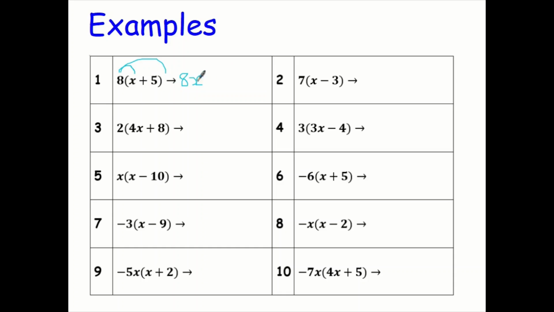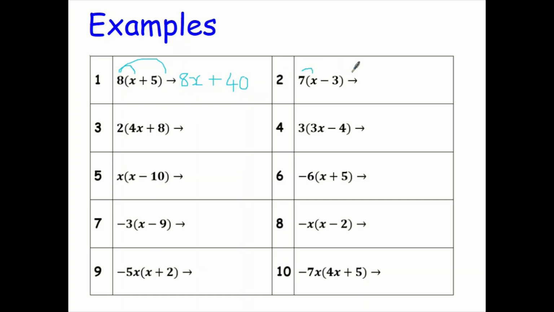Now, I say that tentatively because when you get a negative, you don't just put whatever sign is in the middle of the bracket here, okay? So it's only the case that I'm putting this plus here in this particular instance, okay? So you need to be careful because this may change. This expanded bracket is 8x plus 40.